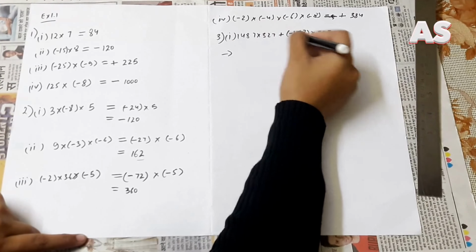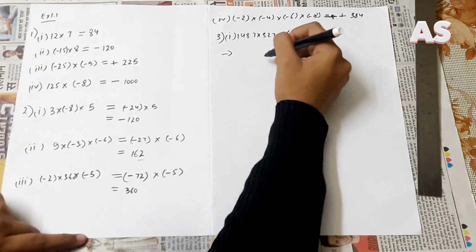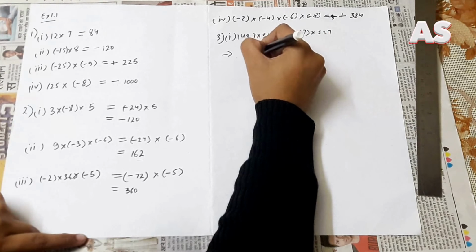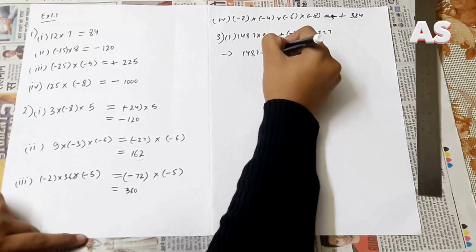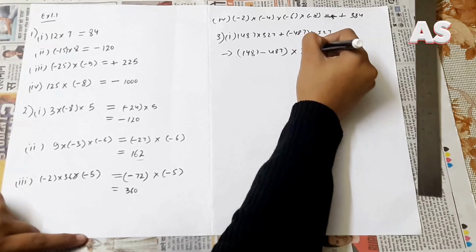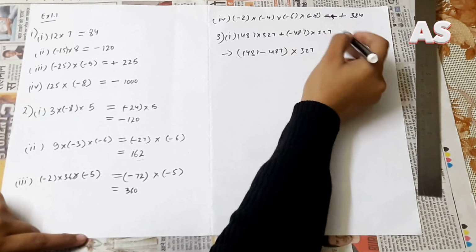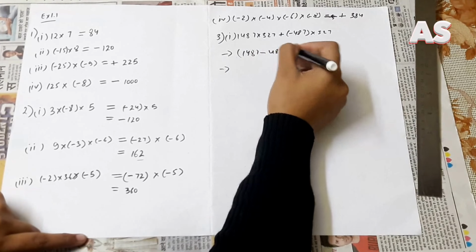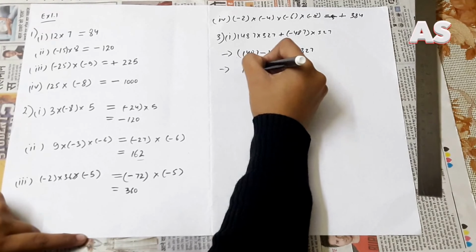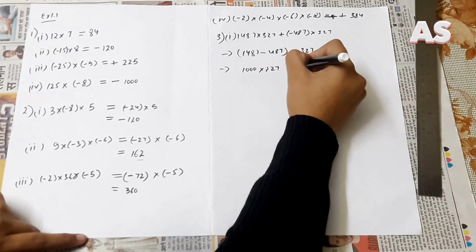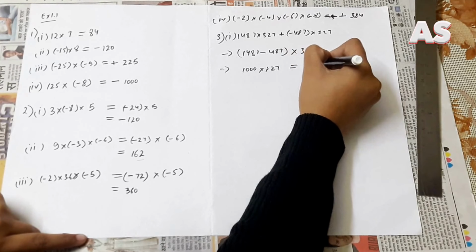We have 327 in common, so we will write 1487 minus 487 multiplied by 327 only once because it's 2 times. Now 1487 minus 487 would be 1000, and 1000 into 327 would be 327,000.